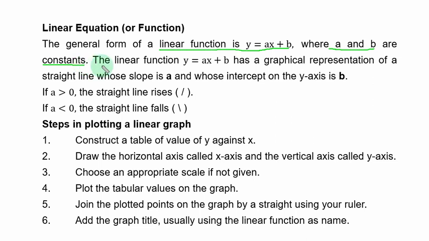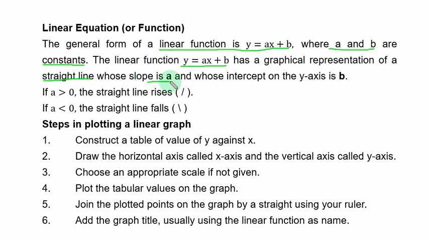The linear function y equal to ax plus b has a graphical representation of a straight line. What that means is that anytime you plot a linear equation on the graph, the result is always a straight line whose slope is a.